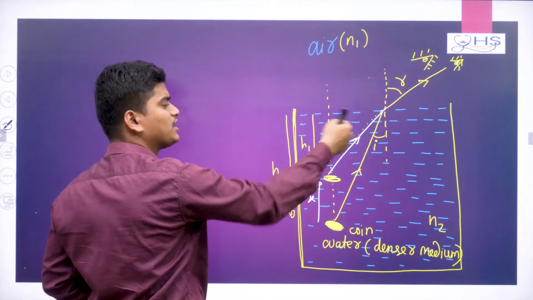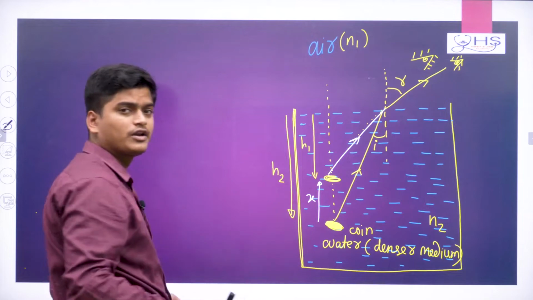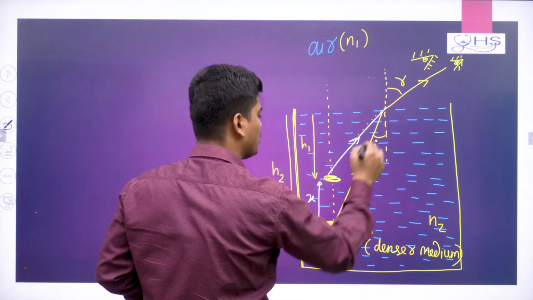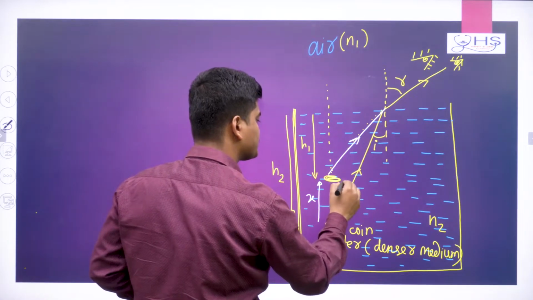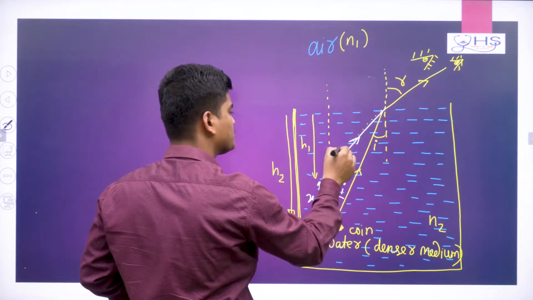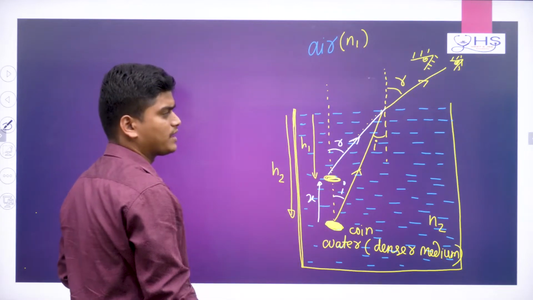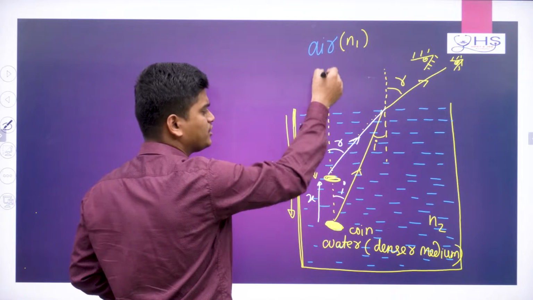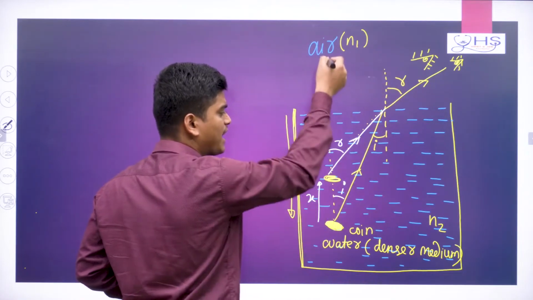That's why it is given in white color, but the exact original ray is given in yellow color. If this is the angle of incidence, this will also be the angle of incidence i. If this is the angle of refraction, this will be the angle of refraction r. Understand here? The two dotted lines are two parallel lines.